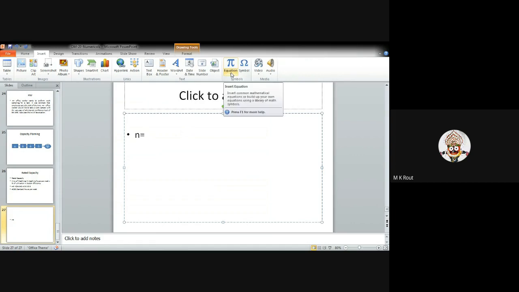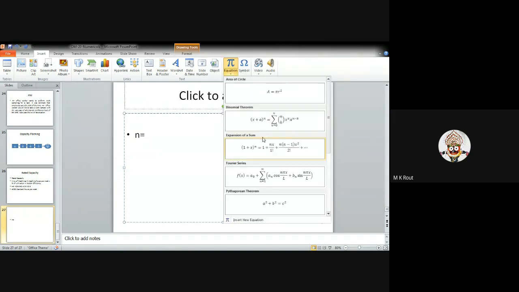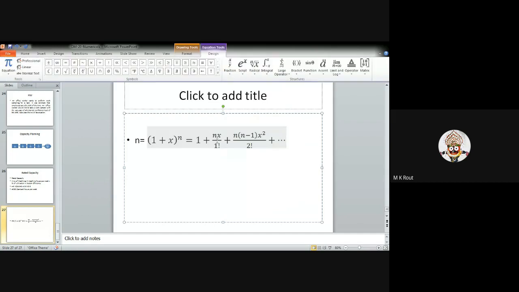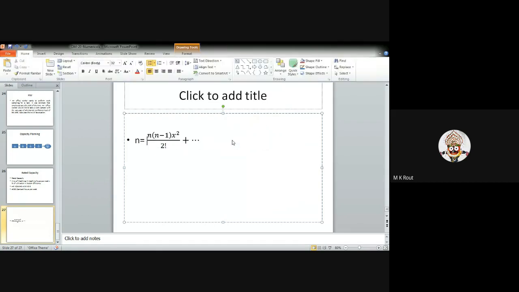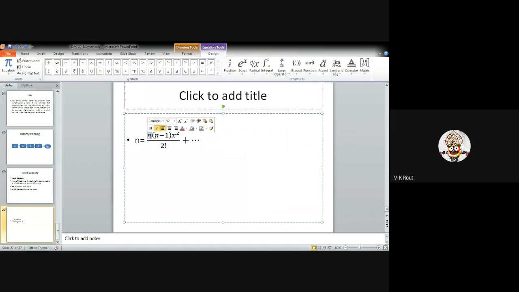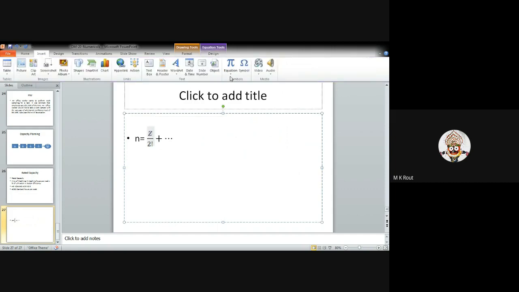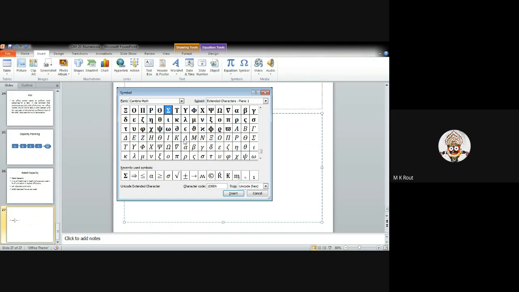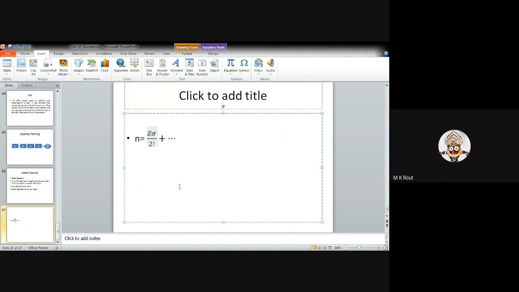Note down: n stands for sample size, which equals Z times sigma divided by h times X bar. X bar stands for mean.